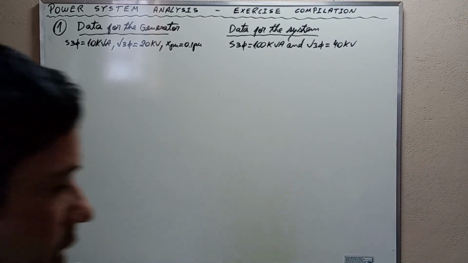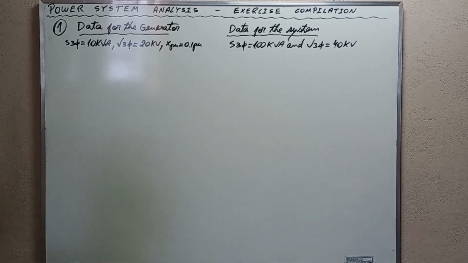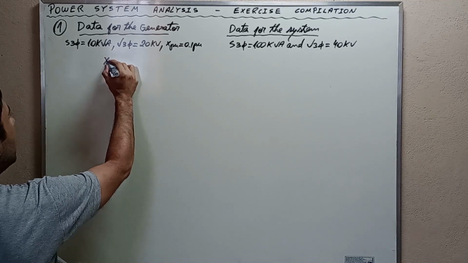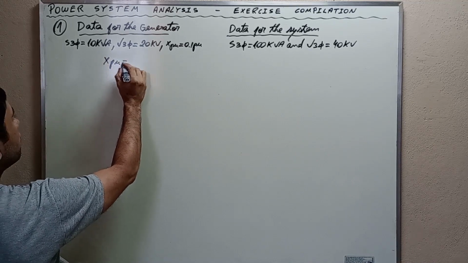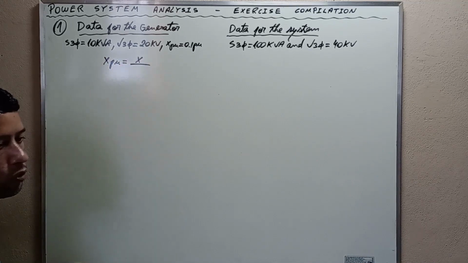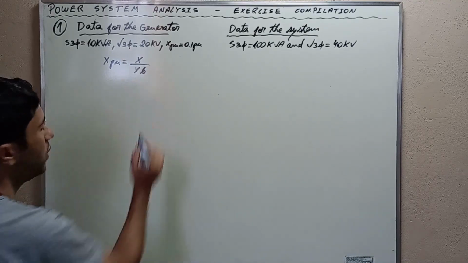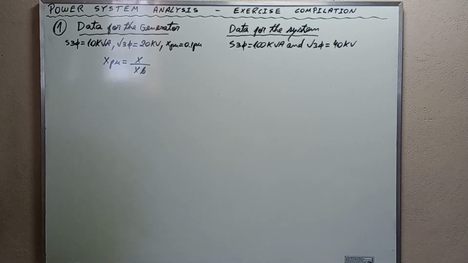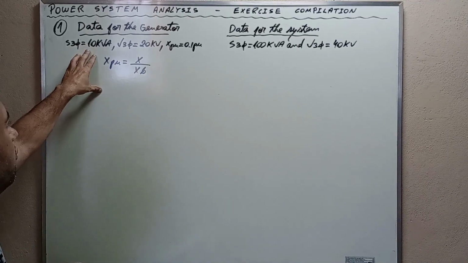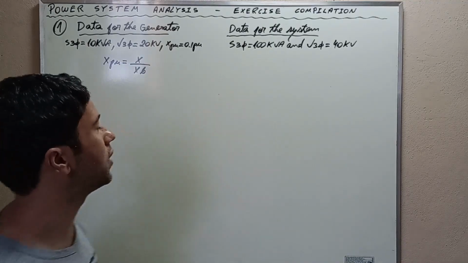We know that for any given equipment or system, the reactance in per unit is equal to the reactance in ohms divided by the base reactance of that specific zone or that specific system, okay? And we are going to relate this system to this system here.